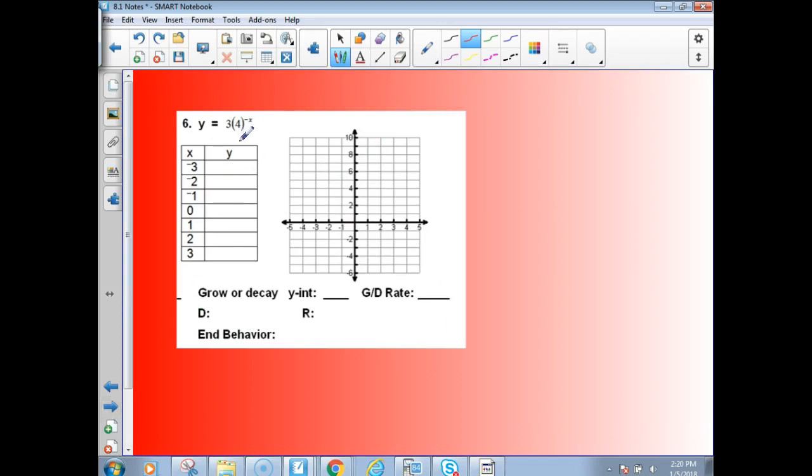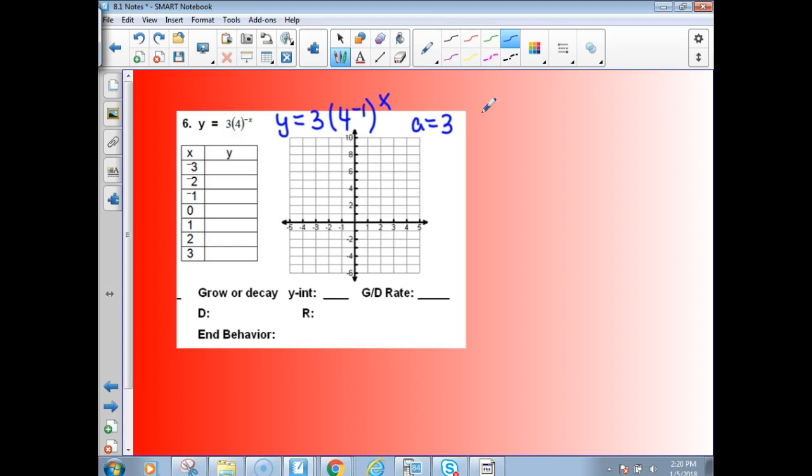Oh, not yet. Now, if you have an exponent as negative x, you want to rewrite this. 3 times, I am going to apply the negative sign to the 4. The reason being, I want the x to be in exponential form. I want to be able to identify the a value.